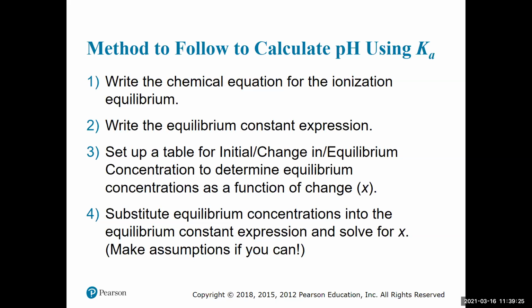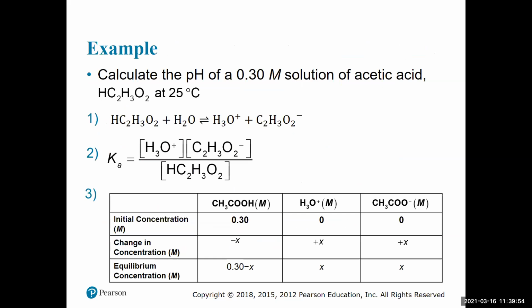The one exception is if the amount that is dissociating looks like it's pretty small compared to what we started with, we can neglect that X and don't subtract it. And what that does is it takes us away from going down a path of more complicated math. So we wouldn't have to use the quadratic equation.